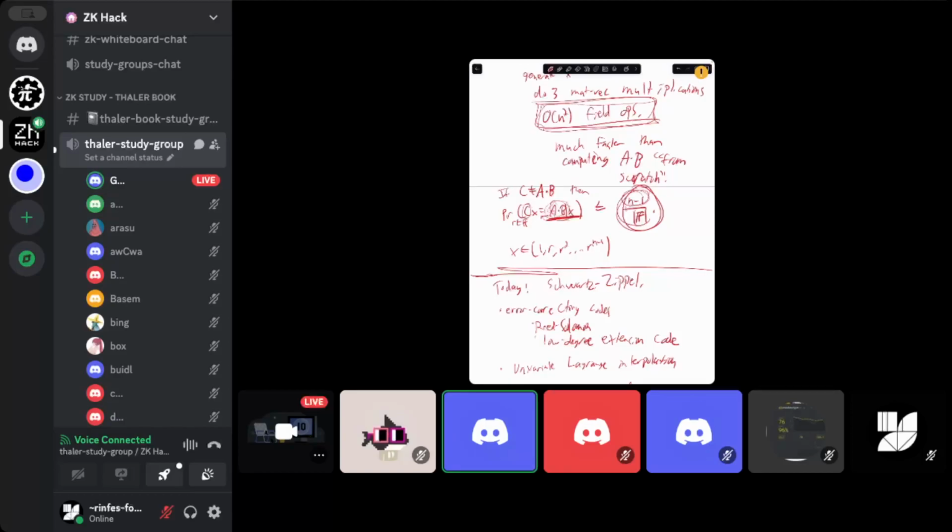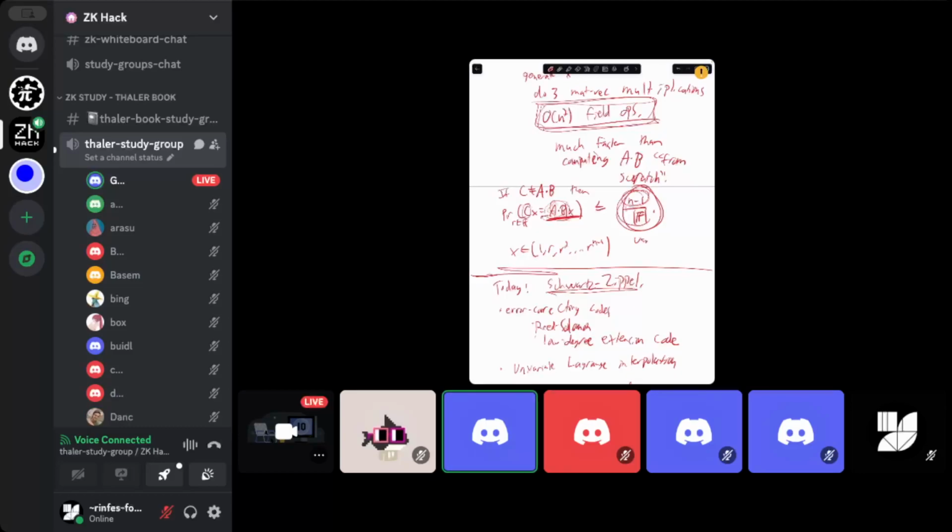And there's a variation which I mentioned last week, and I'll mention again right after we discuss Schwartz-Zippel, where rather than treating the rows as univariate polynomials, it treats them as n-variate polynomials, and then this n minus 1 will go to 1.